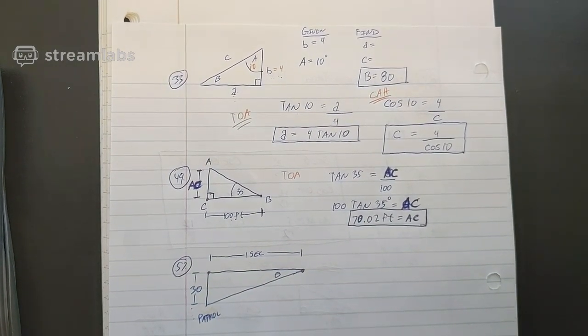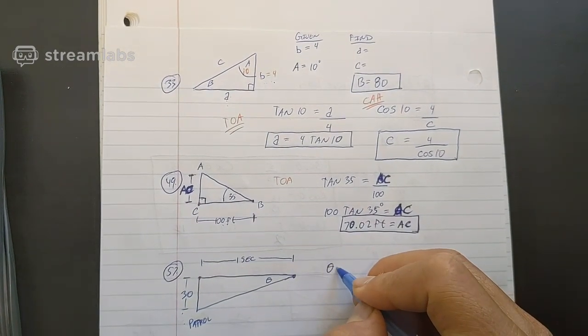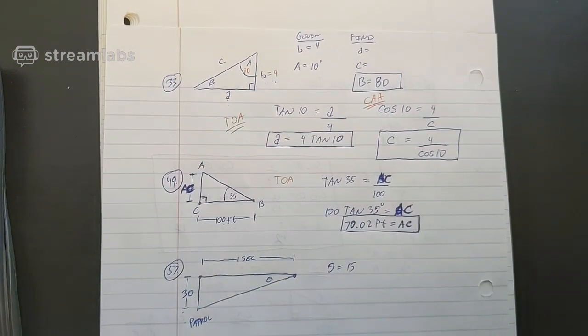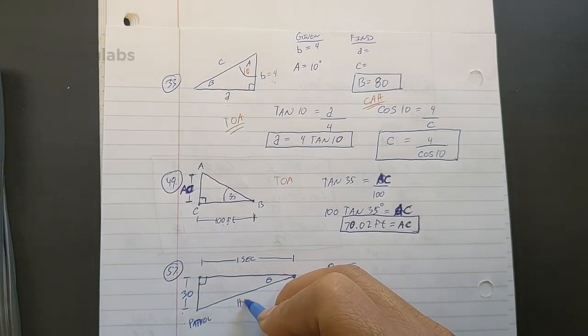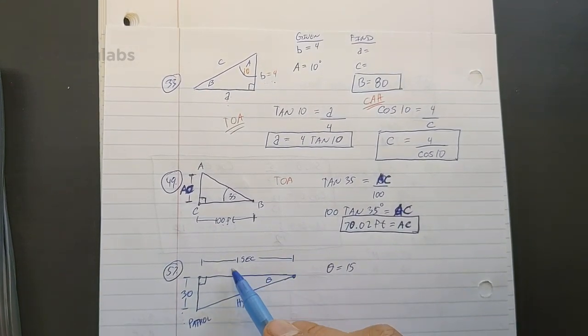If the angle measured, if theta is equal to 15, how fast is the truck traveling? Express your answer in feet per second and in miles per hour. So this is your hypotenuse. This is your adjacent side.